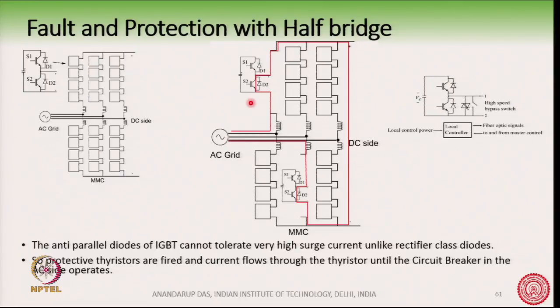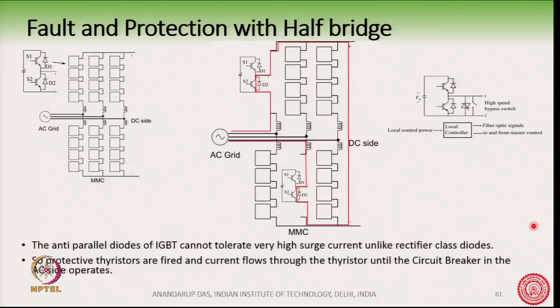Okay. We have seen earlier that often these half bridges are provided with anti-parallel thyristors or triacs at the output. So, when we have a huge surge current flowing through these anti-parallel diodes, in order to protect the half bridge, we also fire the thyristors.